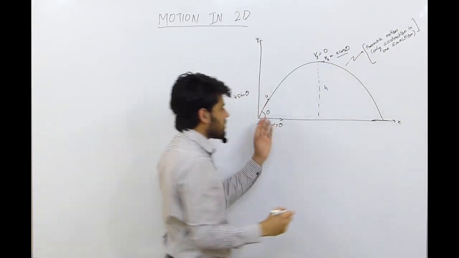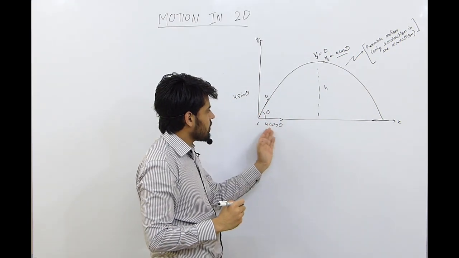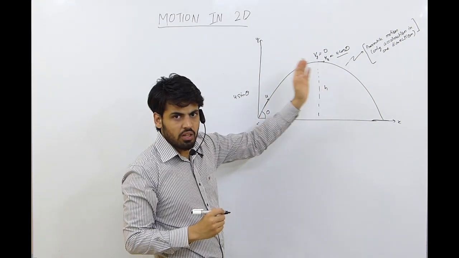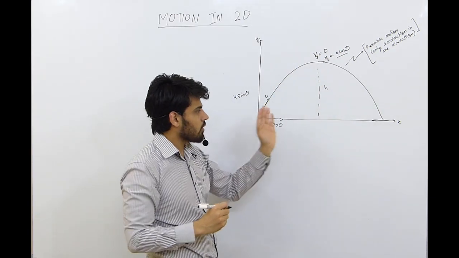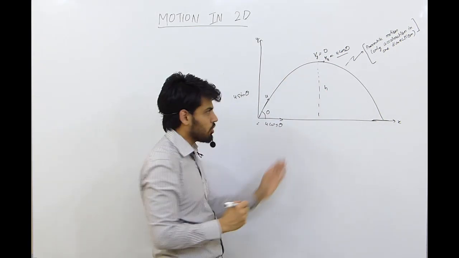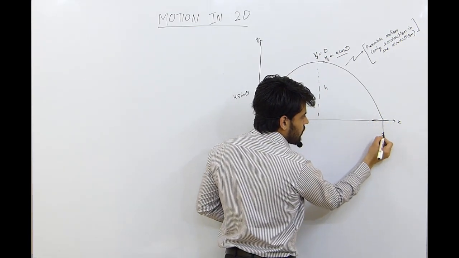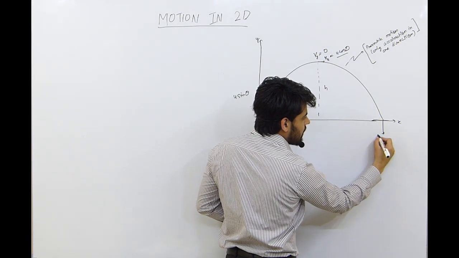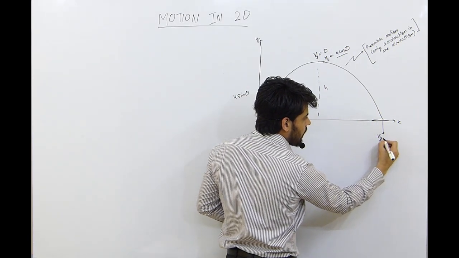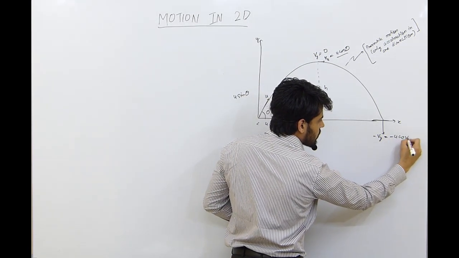This is because there is no acceleration in the x direction, therefore this initial velocity will remain as the final velocity. The x component of velocity will remain the same at any point of this motion, and at the final end stage also, the downward vy will be minus u sin theta.